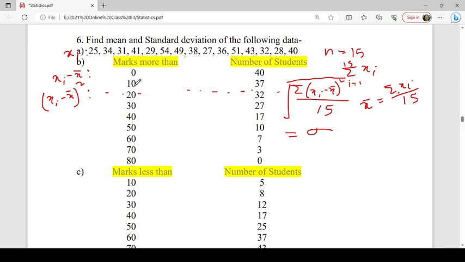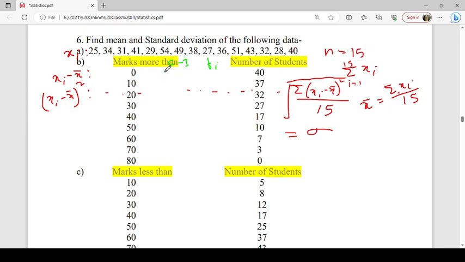More than 10, 37 students get marks more than 10. So what we need here is to write the class interval and the corresponding frequency. More than 0 is 40, more than 10 is 37.